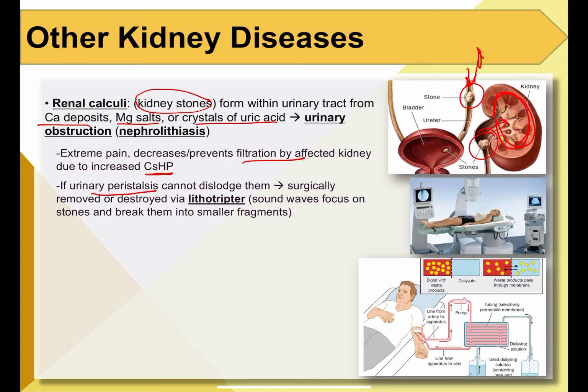But if that's not enough, they can be removed by surgical means or by what's called a lithotripter. Lithotripter is sound waves that are produced by this machine right here, and it's going to emit sound waves into your kidney area that will break those stones into little fragments. So once they're smaller, you can have an easier time peeing them out.